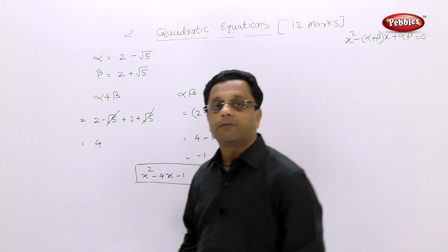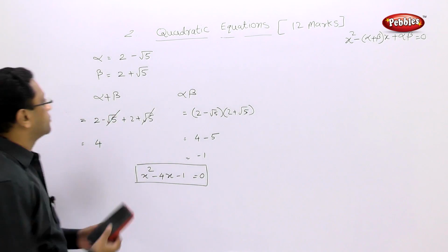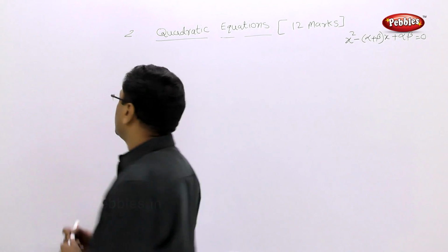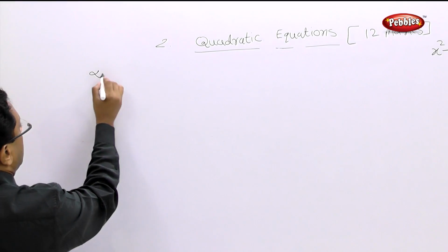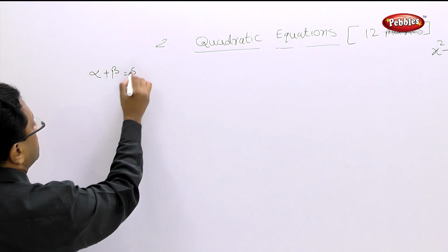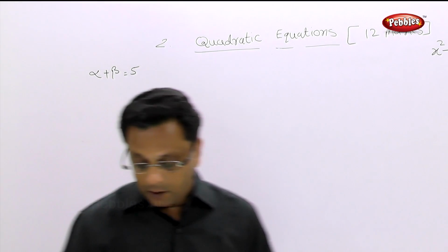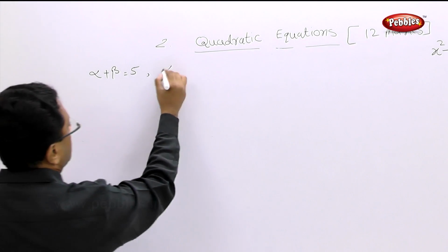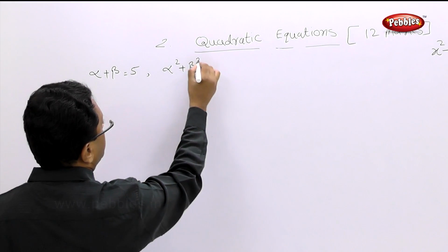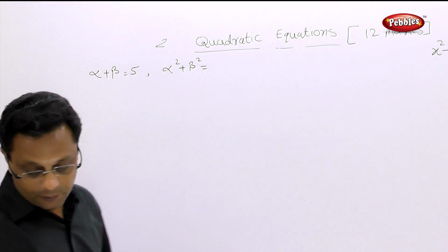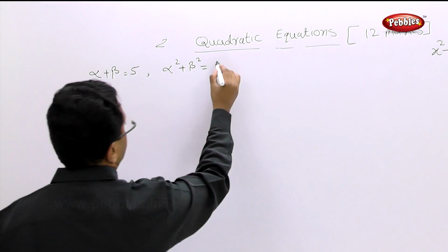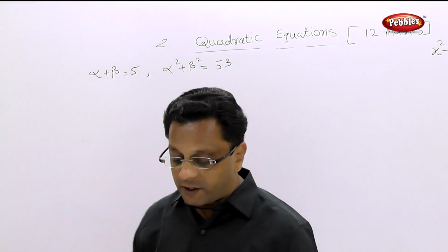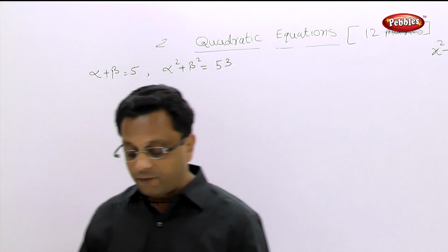Let us see one more example for this. Now the example is, if alpha plus beta is equal to 5, and alpha square plus beta square is also given, alpha square plus beta square is equal to 53, find the quadratic equation whose roots are alpha and beta.